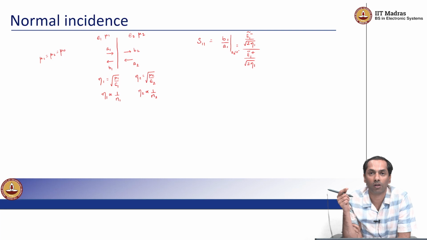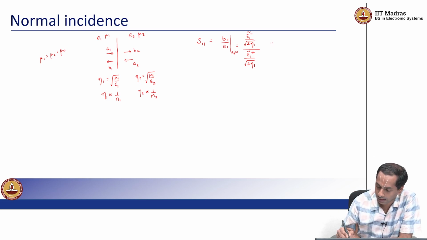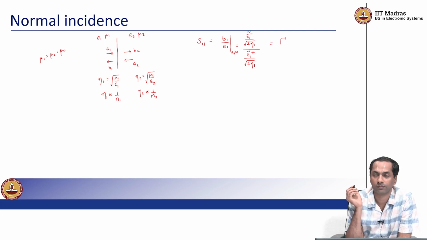So I'm not launching another plane wave from the second medium. I'm just launching a plane wave from medium 1, which is denoted with A1, and I'm asking how much of it is coming back through B1, right? But this is essentially our reflection coefficient, right?